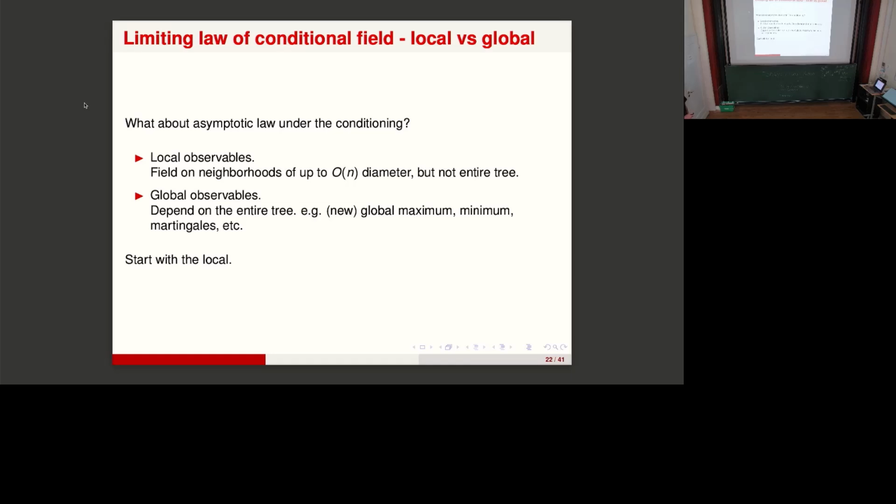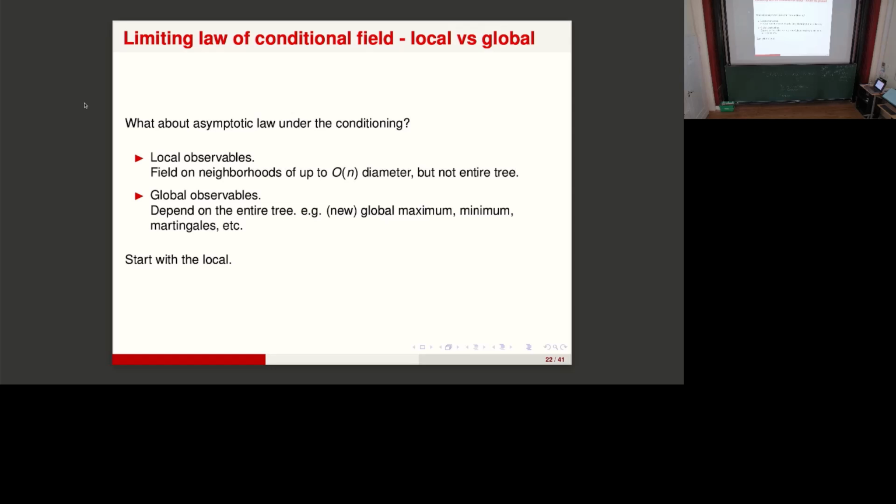I'm going to discuss asymptotics in law for two types of observables. Local observables, by which I mean local neighborhoods of vertices. Local is a little misleading because I'll be able to go even up to order n.